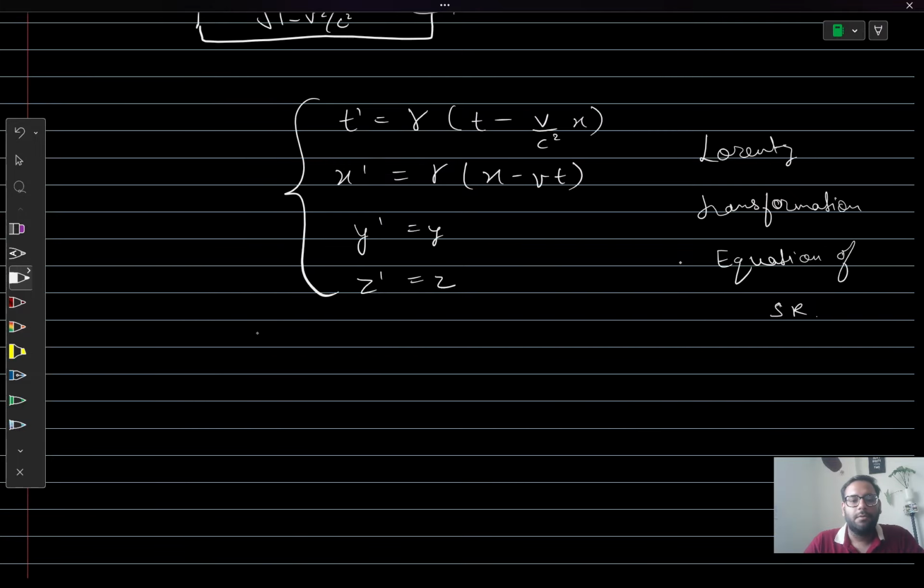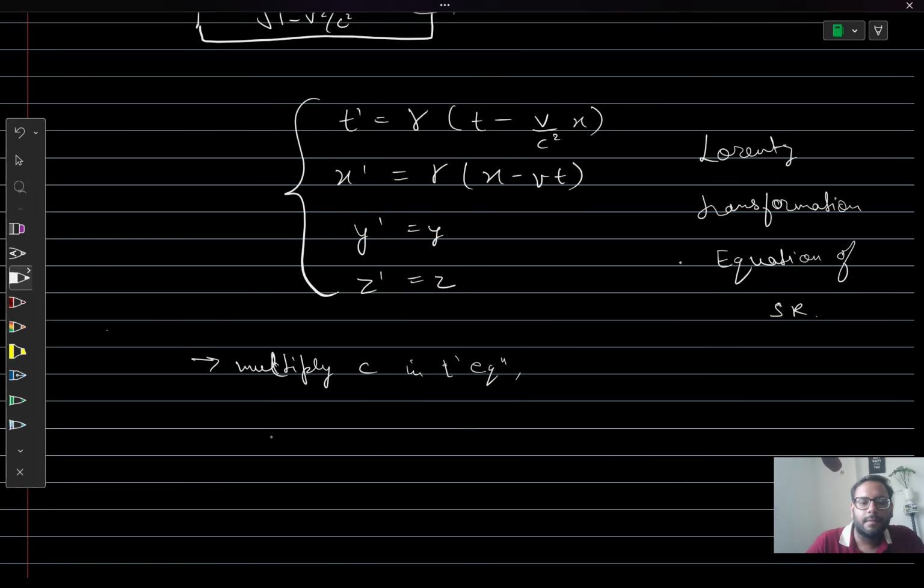Now we have to symmetrize something. Let's multiply c in the t prime equation.